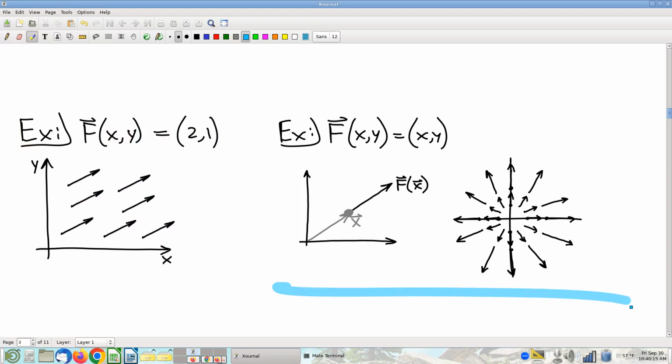Looking over here at this example, notice my formula is an eyebrow raiser. For any given point, there's my point. The field vector is, I'm going to say it's the same, but we have to be careful about this because, of course, the input is interpreted as a point. The output is to be interpreted as a vector. So they're not exactly the same, really.